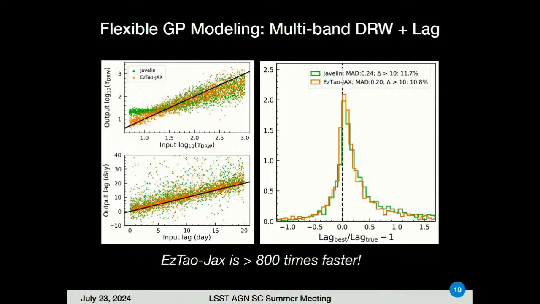It doesn't really correlate with the input lag in an exponential way. It's just like a constant shift, right? I suspect that's due to the limitation in the cadence. If we are able to combine band data from all 6 bands, that should improve.